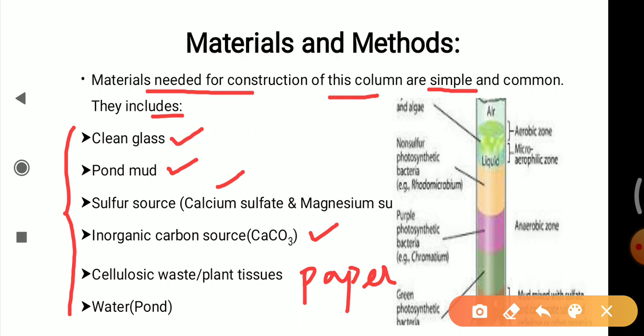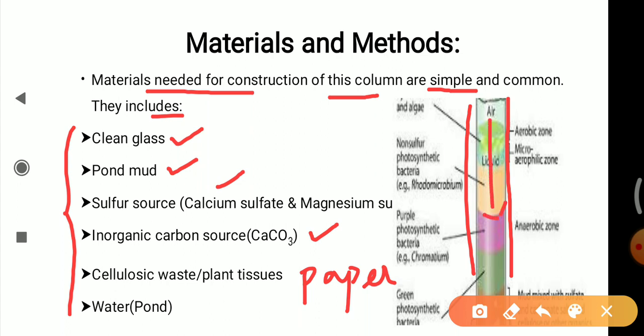First of all, we have to take a clean glass cylinder. Then we take pond mud and mix in all the other ingredients, such as the sulfur source, inorganic carbon source, and cellulosic waste, and fill the column with this mixture.